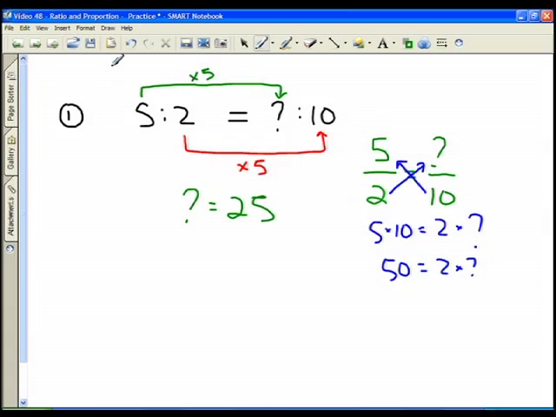The unknown is usually x, but it doesn't have to be. I don't know that we'd use a question mark very often, but I'm just doing that so that you can see that that's our unknown. And now to get rid of the 2, to isolate for the unknown, we divide both sides of the equation by 2, and we land up with question mark is equal to 50 divided by 2, which is 25.